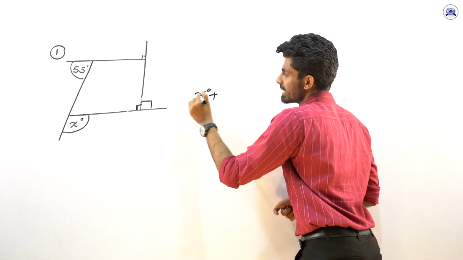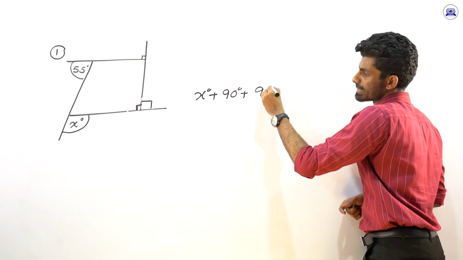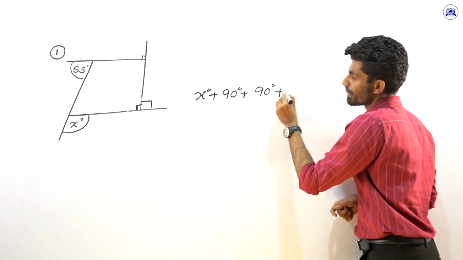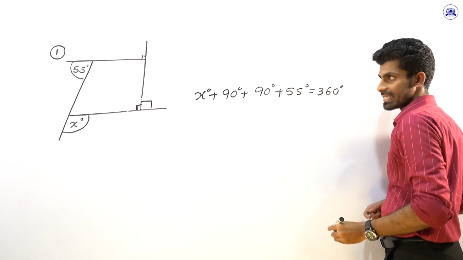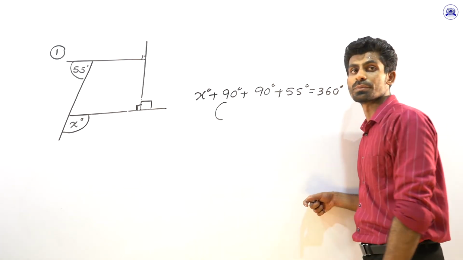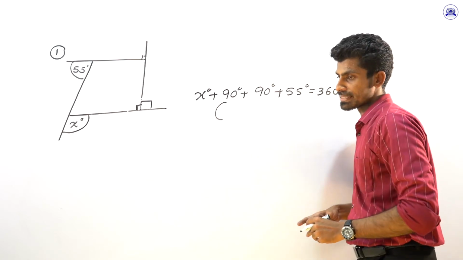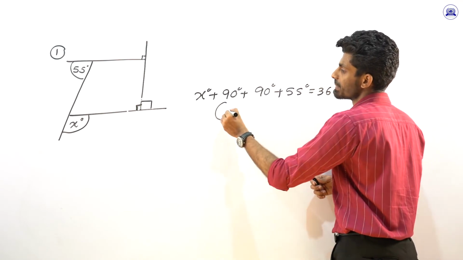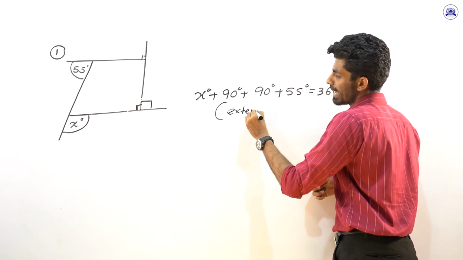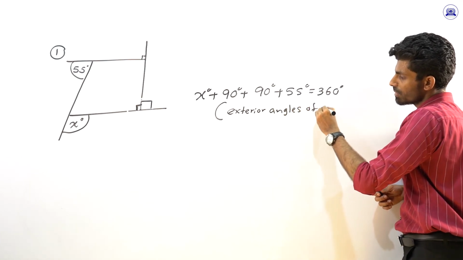X plus 90 plus 55 equals 360 degrees. So what is the theorem?